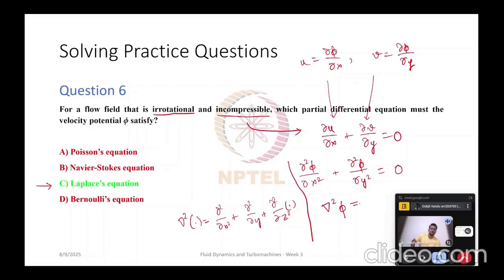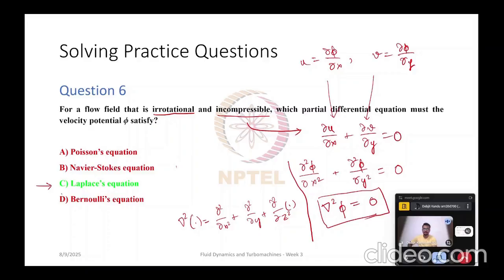So this implies that the Laplacian of phi is equal to 0, and this equation is known as Laplace's equation for any given variable. In this case, the variable is velocity potential, and it has to satisfy Laplace's equation.